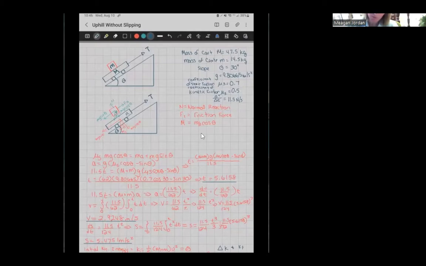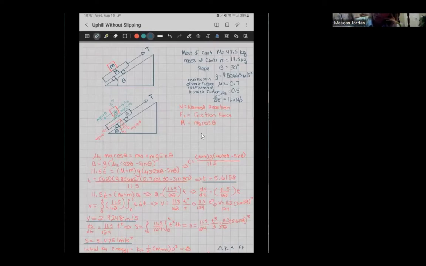So if we move everything around, the acceleration is equal to g times, since g is multiplied times all of this, we'll put it in parentheses, static friction cosine theta minus sine theta. Okay, so we know 11.5 T is equal to the mass of the system times gravity times, as we said earlier, coefficient of static friction cosine theta minus sine theta.